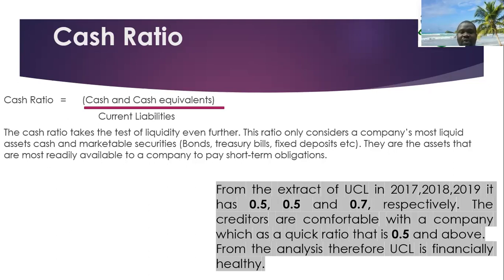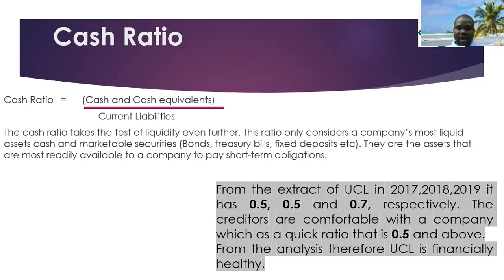Creditors are more interested in this ratio because it shows the ease with which the company can pay its current obligations. There's no recommendable number, but anything that is 0.5 and above is okay, and it indicates that the company is financially healthy.